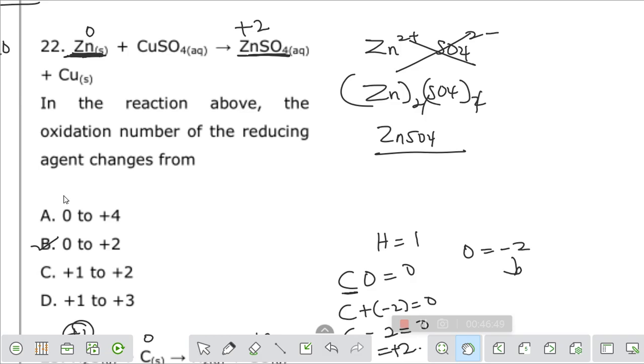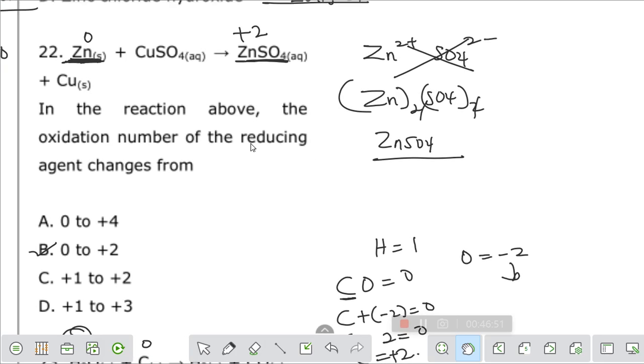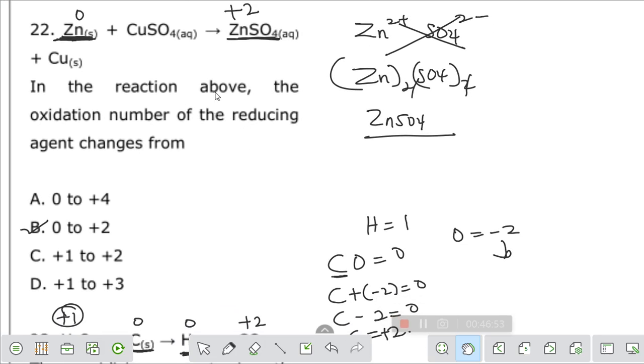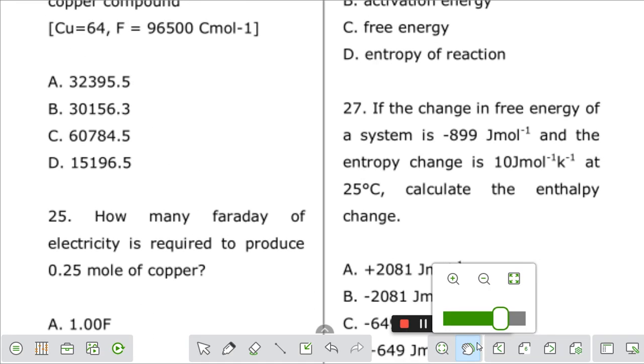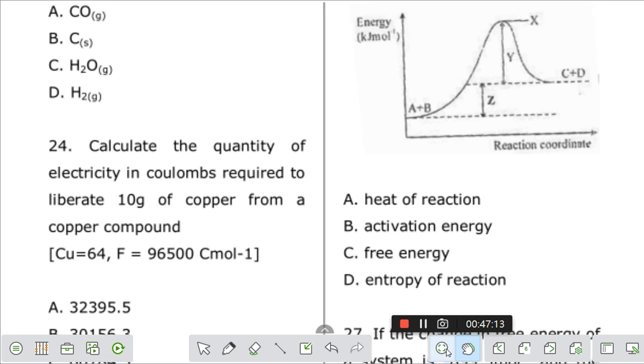So the agent they are talking about doesn't mean that person is reduced. That person only causes reduction for his counterparts in that reaction. But he himself will be oxidized. So the oxidizing agent there is what? Water. So option C.